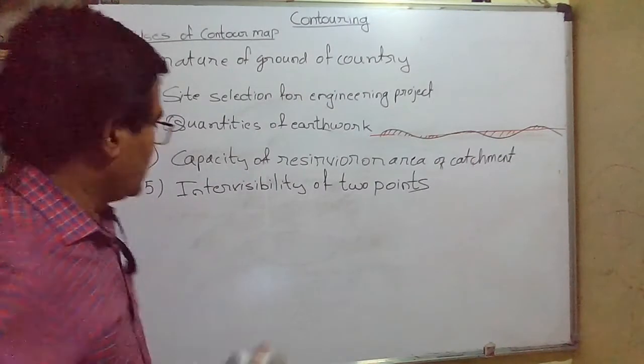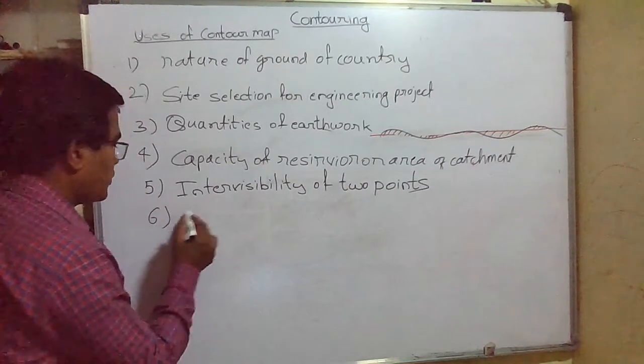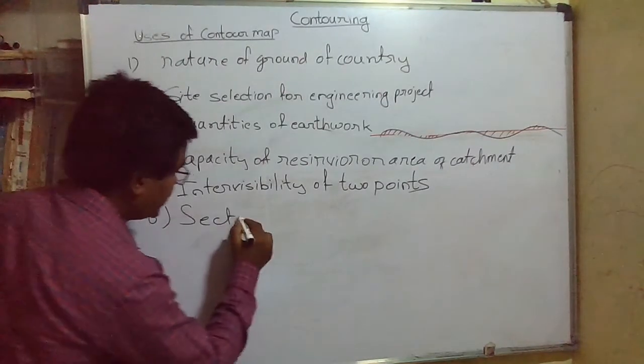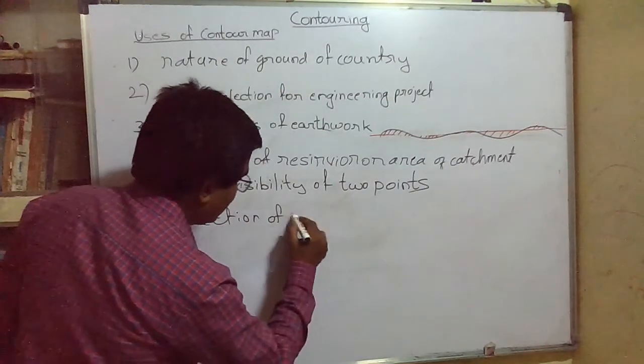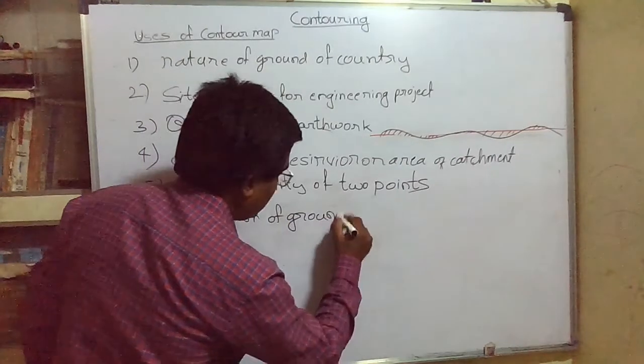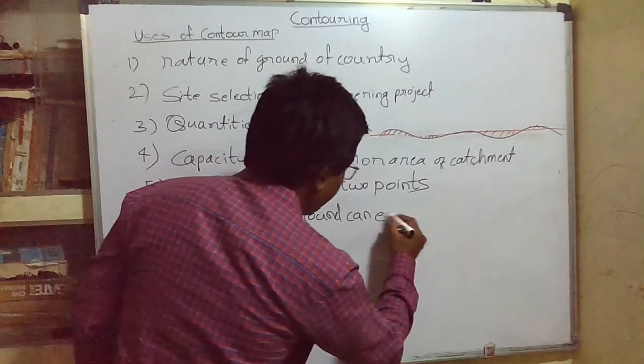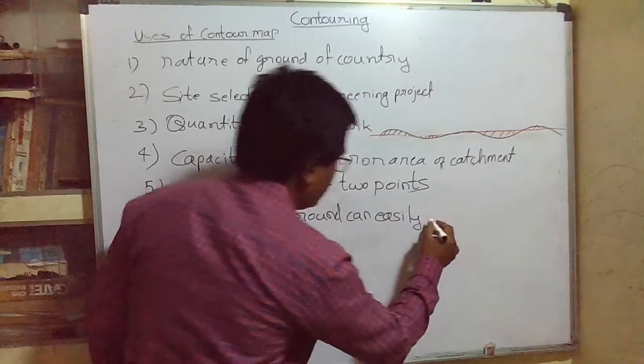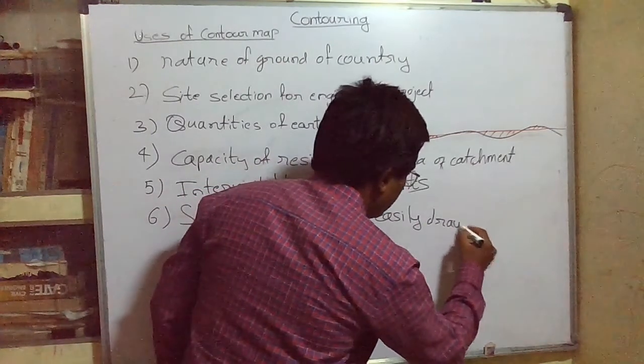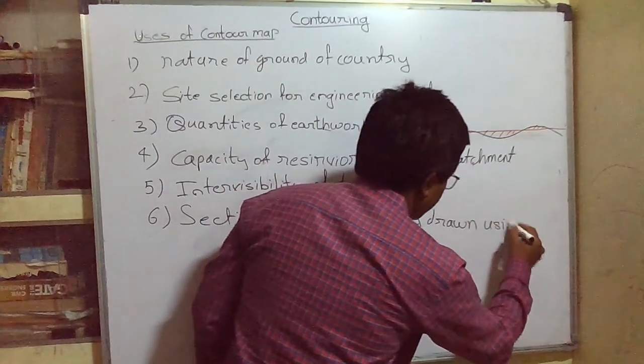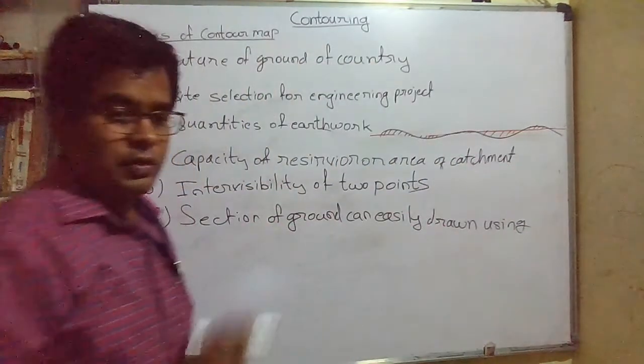Then we can draw the section of ground. The section of ground can easily be drawn using the contour map. It means we can draw the section of any ground.